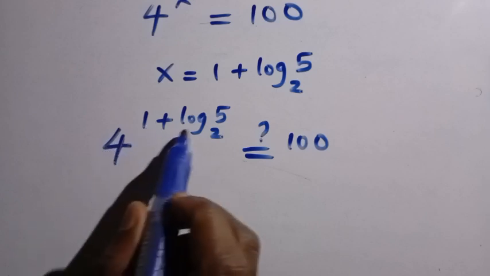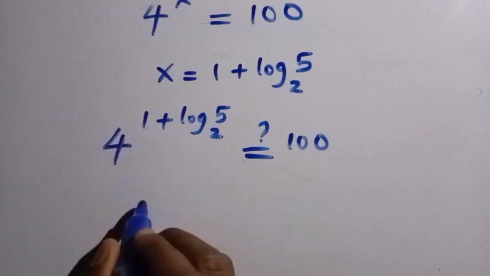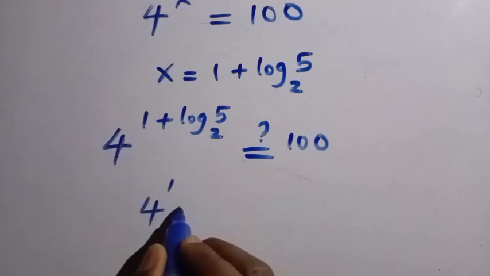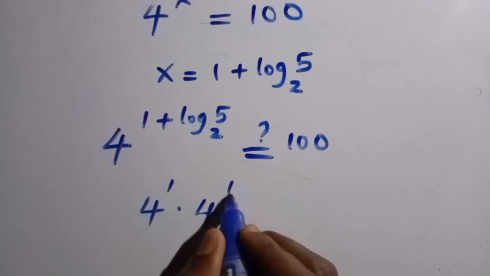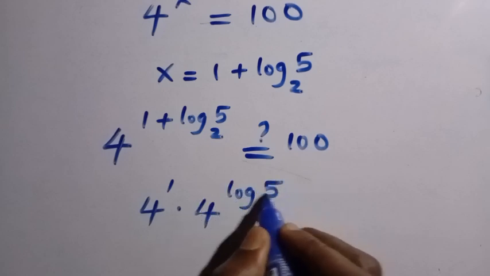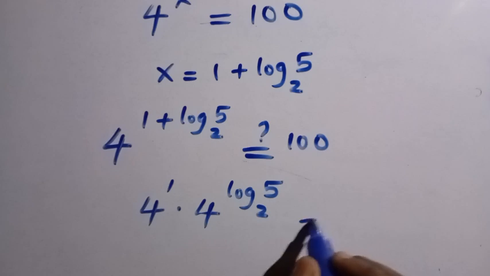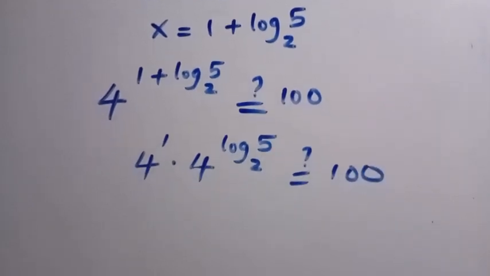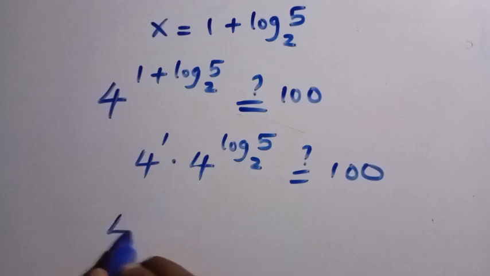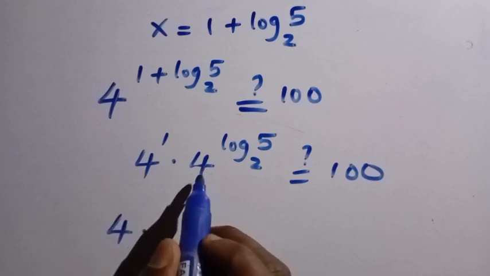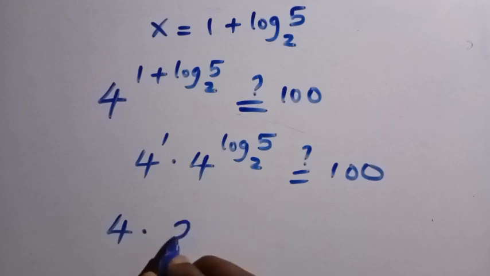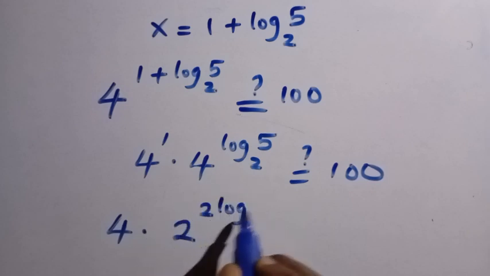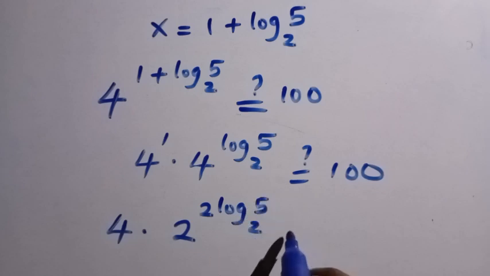So 4 to the power 1 plus log 5 base 2, we can write this thing as 4 raised to power 1 multiplied by 4 raised to power of log 5 base 2. So is this equal to 100? Then from here, 4 raised to power 1, that is 4, multiplied by, then here 4, if I write this as 2 to the power of 2 log 5 base 2.